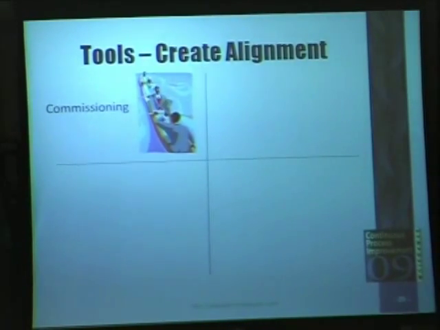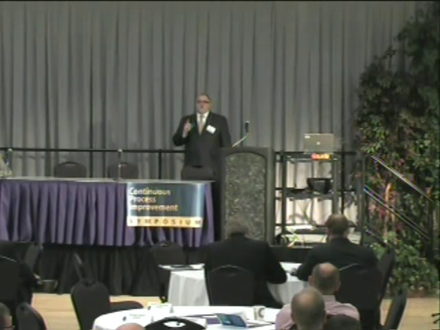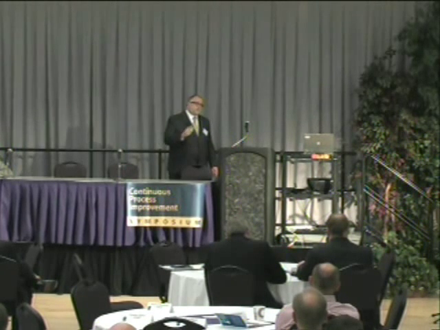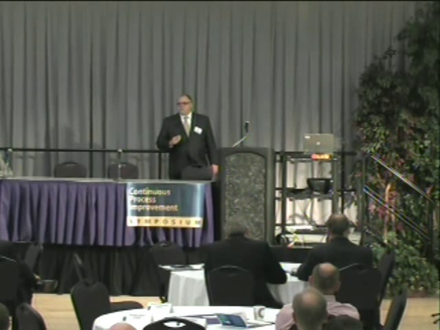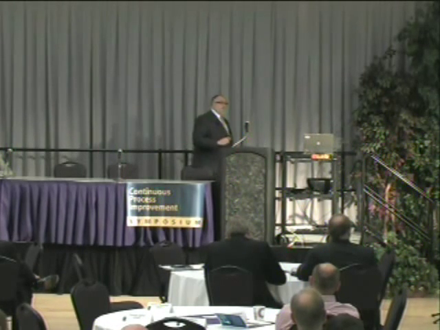Commissioning structure just means that the senior manager who has bottom line responsibility is the one who is commissioning the projects. No projects get done unless the guy who writes the check says that the project gets done. And people are accountable to them, and I'll show more about that in a minute.